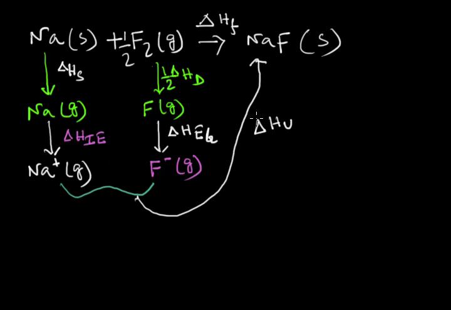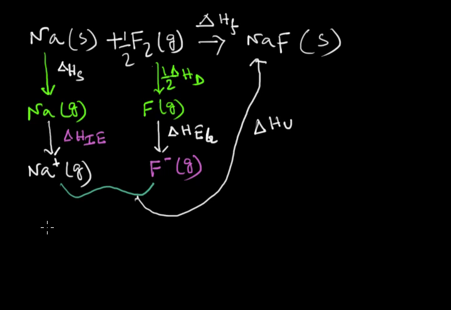Now, Hess's law states that if a process occurs in a single step, that is from sodium and half a fluorine molecule giving sodium fluoride, which is delta HF, but the process actually occurs in several steps, with different types of energy required: sublimation energy, dissociation energy, ionization energy, electron gain enthalpy, lattice energy, etc., then in both cases the enthalpy change will be the same.